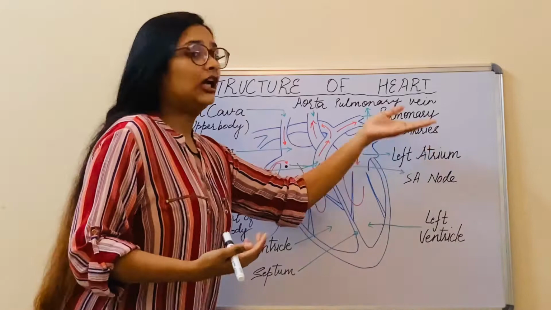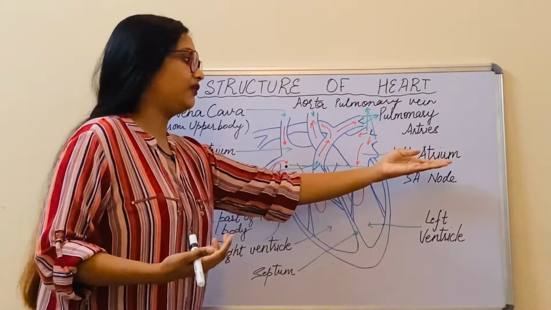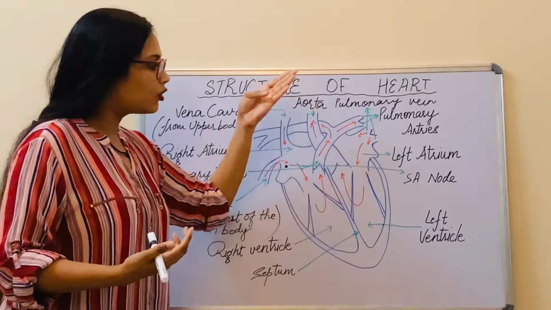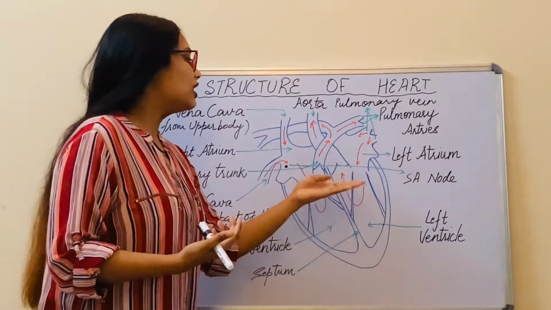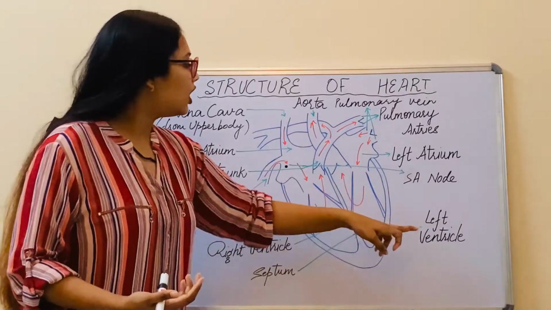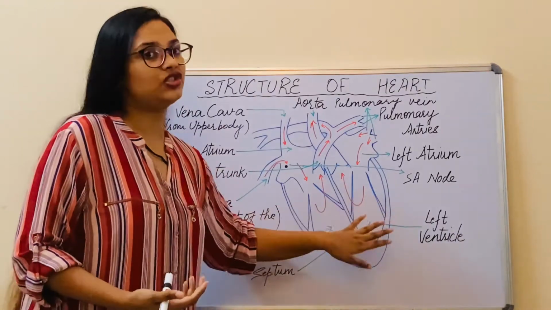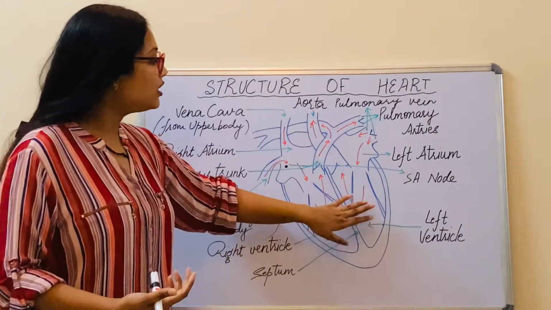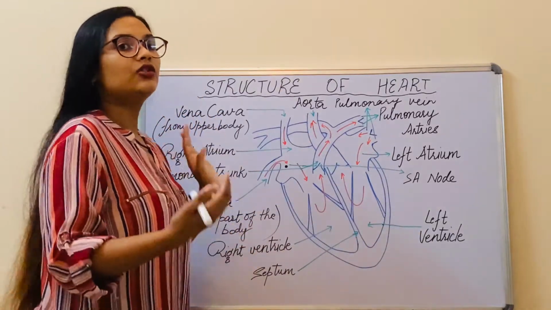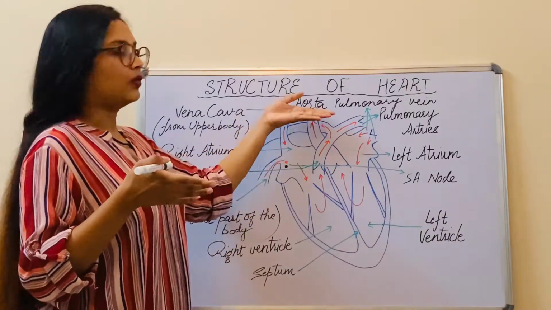But here, in this particular topic, the point we are at, the left atrium contracts so that the blood goes to the left ventricle. The left ventricle further contracts so that the blood, this is the oxygenated blood, goes from the left ventricle to all of the body through the greatest artery of the body, that is the aorta.